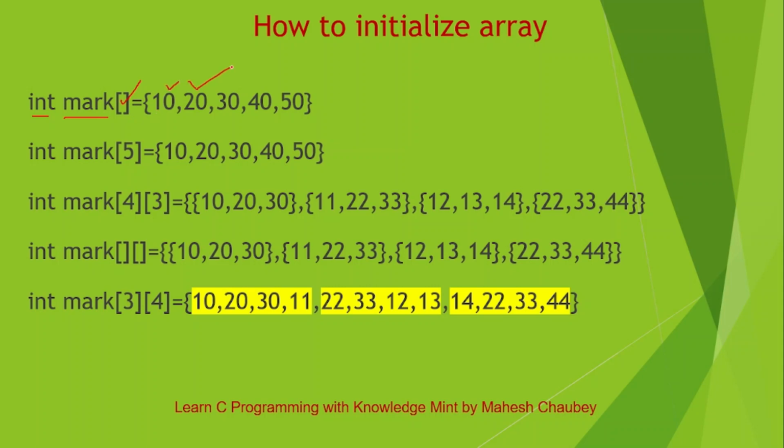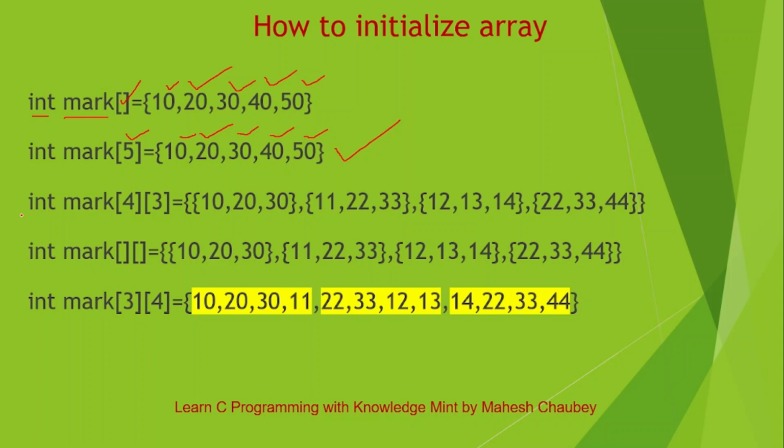This is the first element, second element, third element, fourth element, fifth element. The compiler will assign size 5 to this array based on the number of elements. There is no problem. Or this is the second type of declaration and initialization for any array, where you can decide the size plus you can put the elements into that array as initial values.